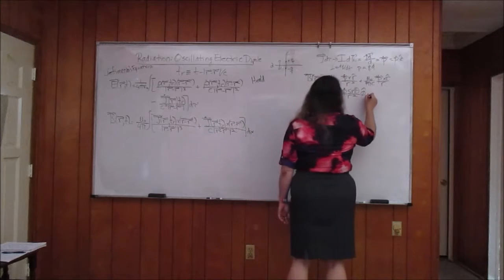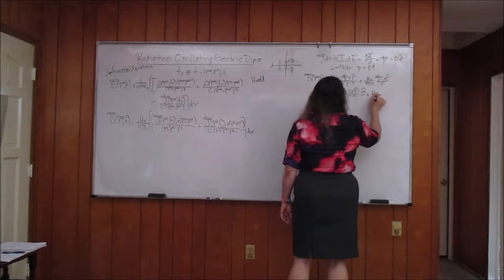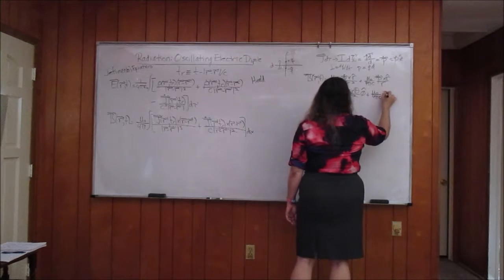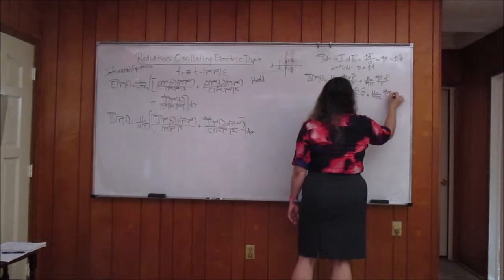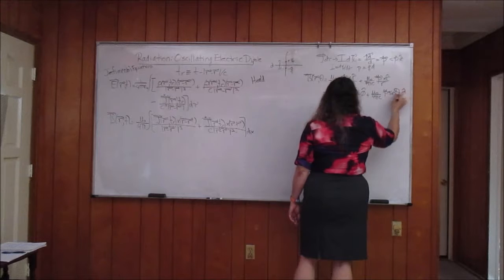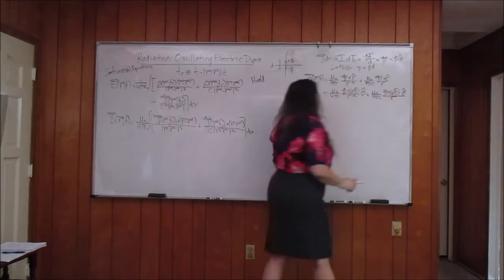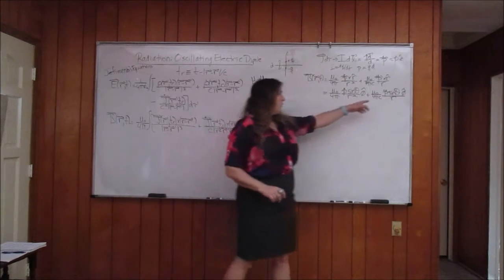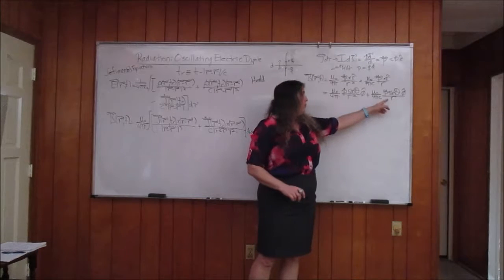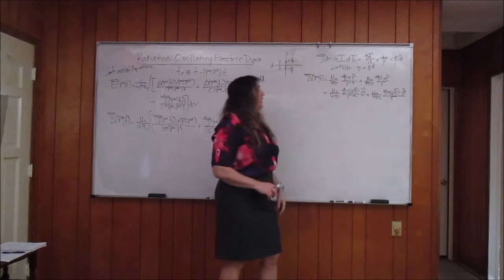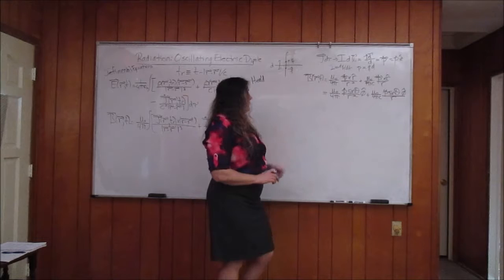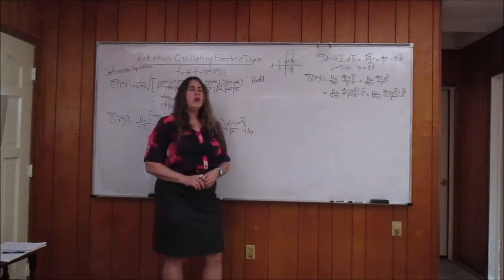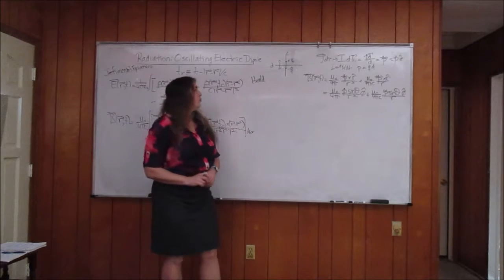And then for the second term, I'll have mu naught over 4 pi c, and then the second derivative of the dipole moment times sine theta over r, also in the phi direction. So from this analysis, this tells me that the magnetic field will only be in the circumferential direction.